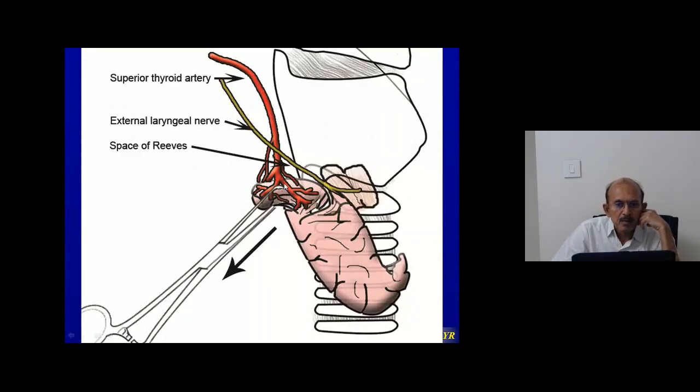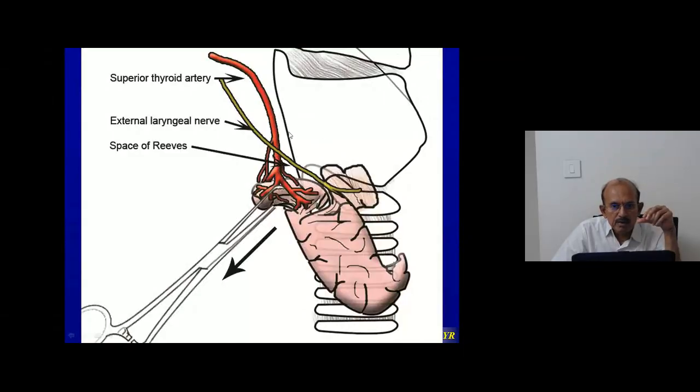If you look at the individual branches of the artery close to the thyroid gland, the nerve is not in danger. That's why what you must do is hold the superior pole of the thyroid gland and retract it away from the trachea and larynx. Then you will find a loose areolar space between the thyroid gland and the thyroid cartilage. That is the space of Reeves. In this space, close to the larynx or the thyroid cartilage and over the cricothyroid muscle, you will notice the external laryngeal nerve.